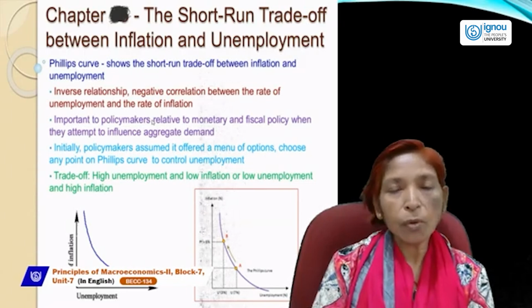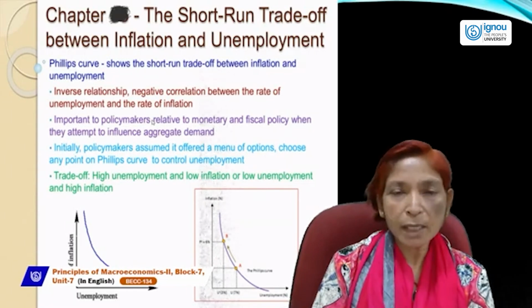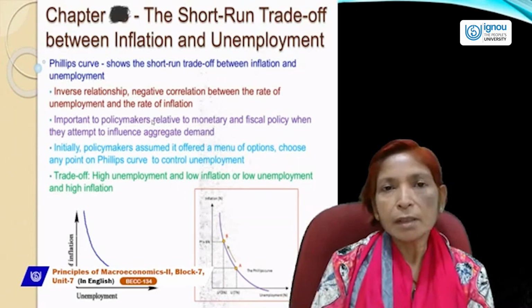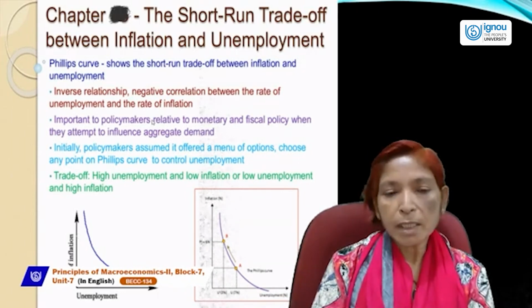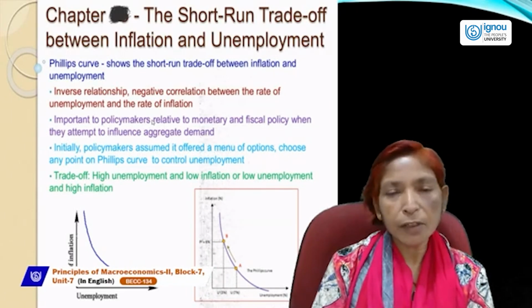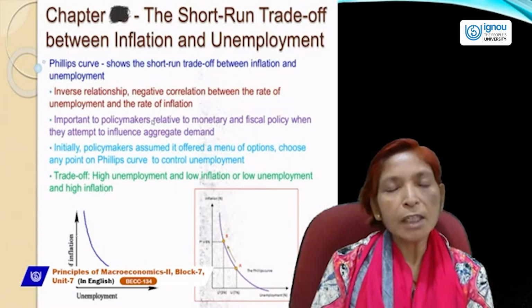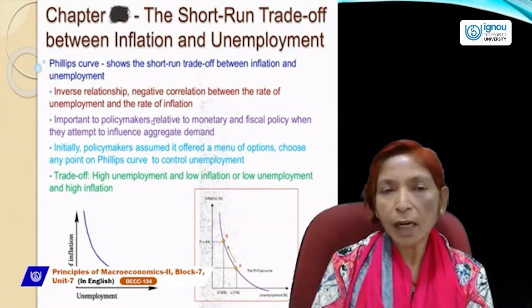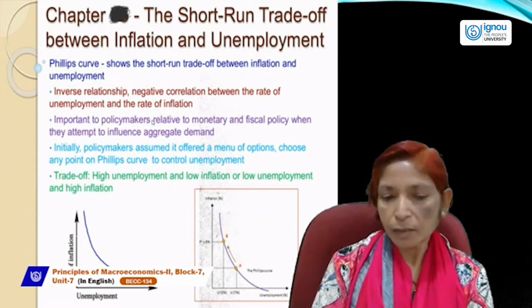If there is no relationship between two variables or any other two things, there is no trade-off. High unemployment and low inflation, and low unemployment and high inflation, this is called the trade-off. And if we show this trade-off with the help of a curve, that curve is called the Phillips curve.